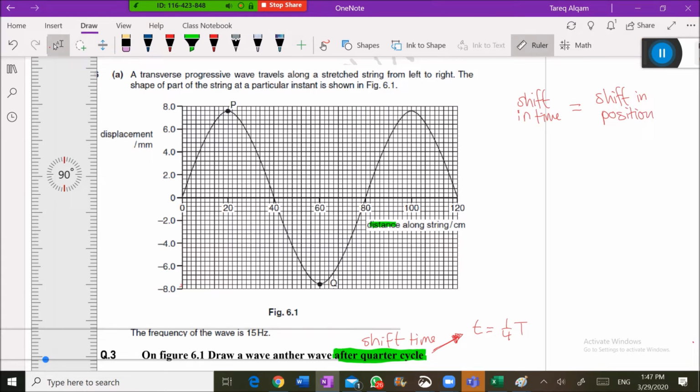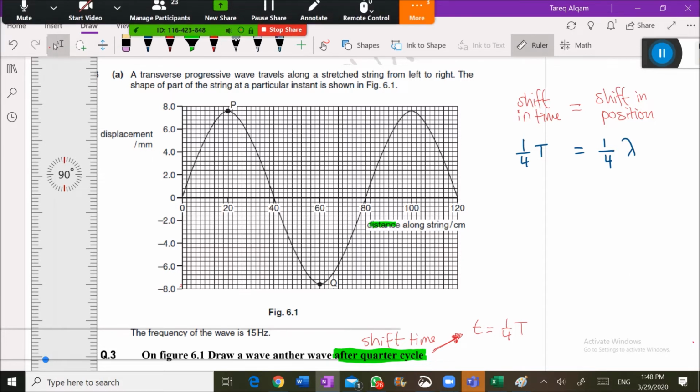So a shift in time of a 1/4 cycle means the shift in position will be 1/4 lambda. Okay, guys, the same shift in time will be the same as in the wavelength.